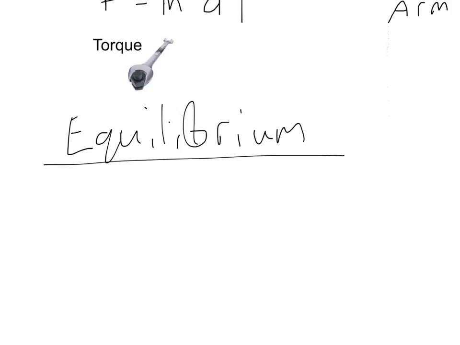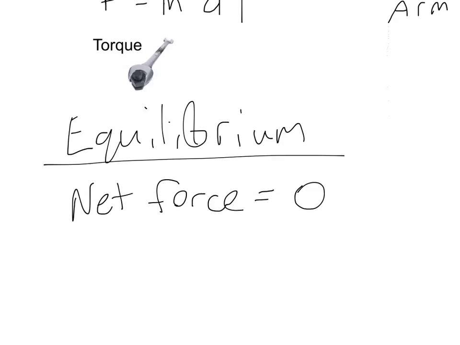First of all, in relation to linear motion, the net force on the object that you're considering is zero. So you could be pushing or pulling on opposite sides, and those forces would cancel out. You could say that that object is in equilibrium in terms of linear motion.